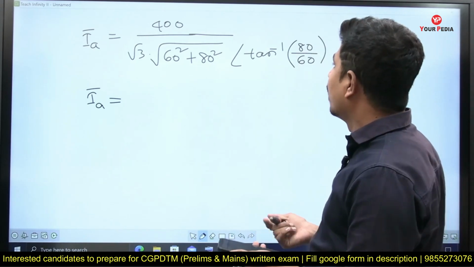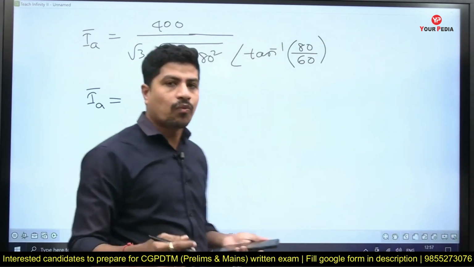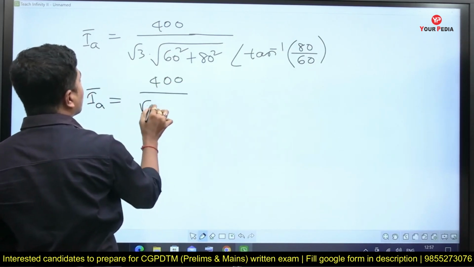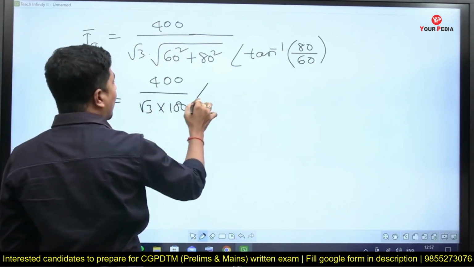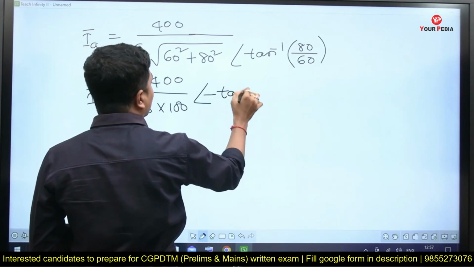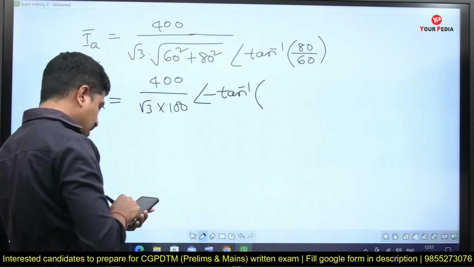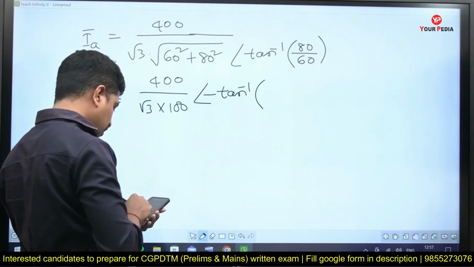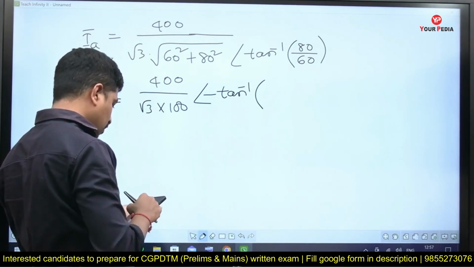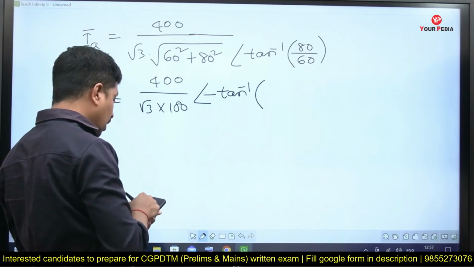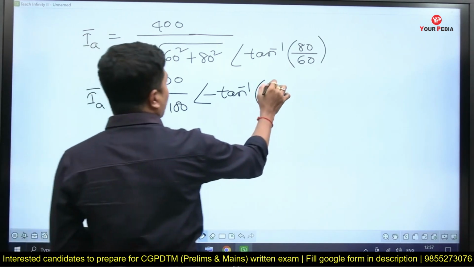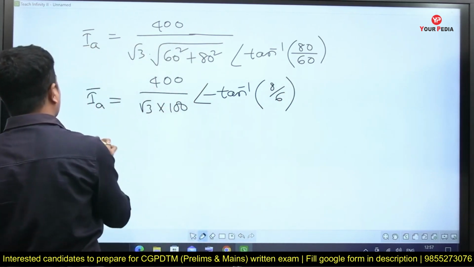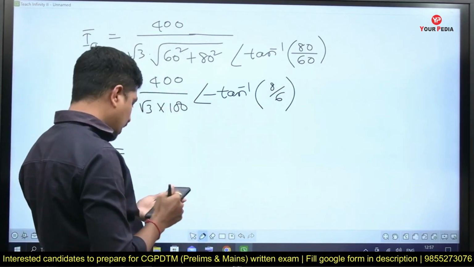So 400 by 100 means 4 by root 3. This is 400 by root 3 into 100 at an angle of minus tan inverse of 8 by 6. Let's do this calculation. Once we get IA, we are done.